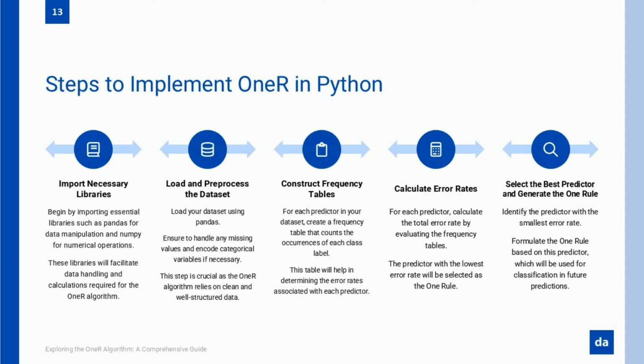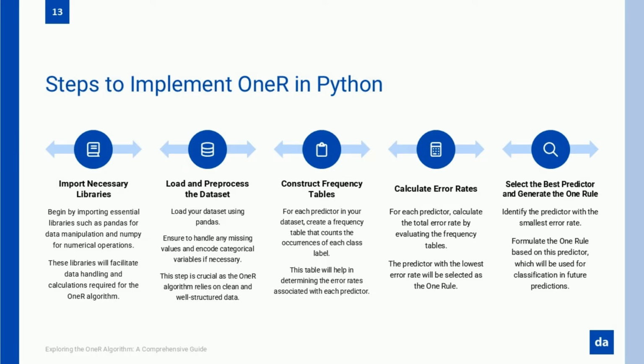Python's pandas library is essential for handling datasets, while NumPy can assist with numerical operations. Once the dataset is loaded, the data needs to be preprocessed. This involves handling missing values, encoding categorical variables, and ensuring that the dataset is structured properly. Since OneR relies on frequency counts, data cleanliness is crucial for accurate rule generation.